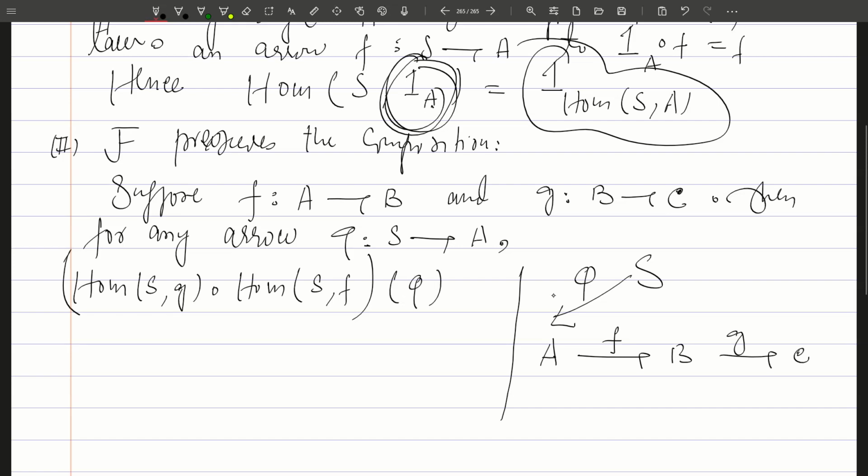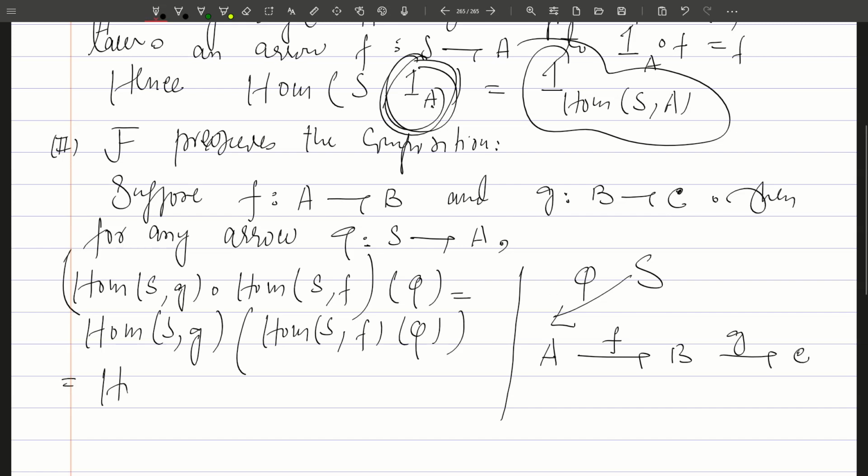So this is same as Hom(S, g) of Hom(S, f) of phi. Which is same as Hom(S, g) of f composite phi.